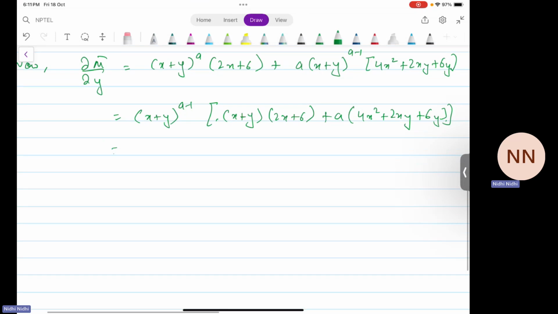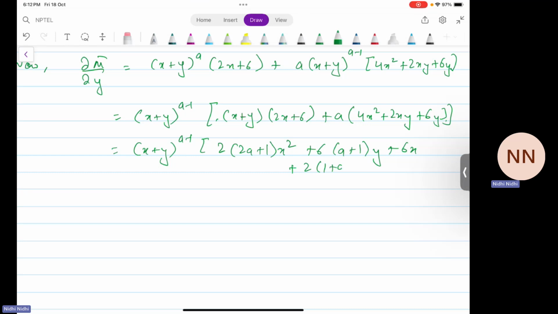And if you simplify it, you will get (x plus y) to the power a minus 1 times [2(2a plus 1)x squared plus 6(a plus 1)y plus 6x plus 2(1 plus a)xy].